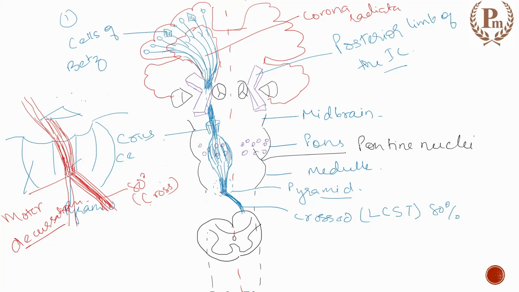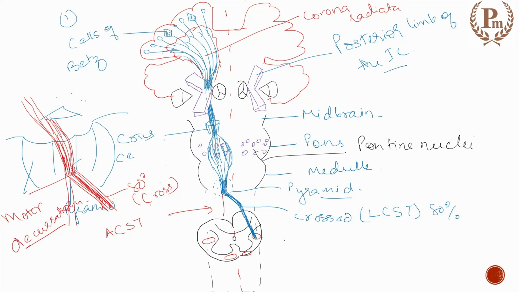Some of the fibers remain uncrossed, and now they are going to go as the anterior corticospinal tract. Okay, so they are going to go to the anterior funiculus of your spinal cord. So this is the anterior part and this is the lateral part, right? So the lateral corticospinal tract is going to go down in the lateral column.